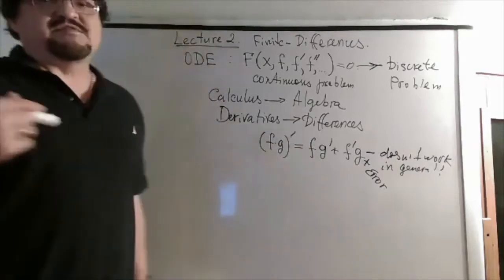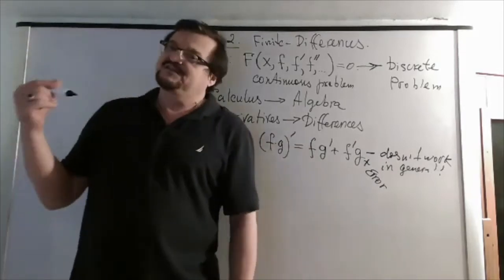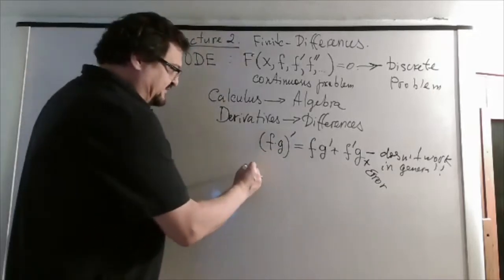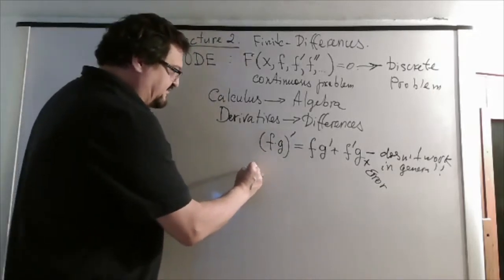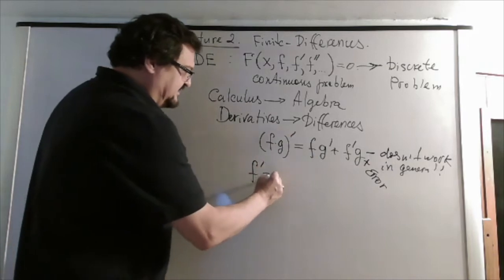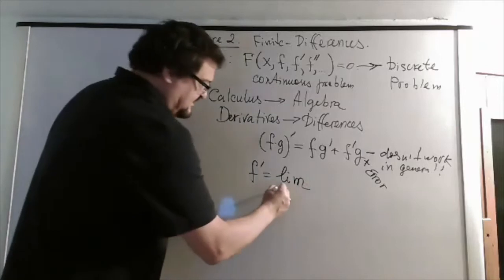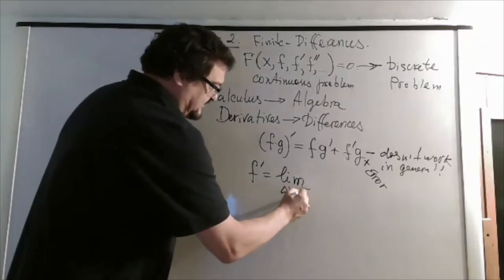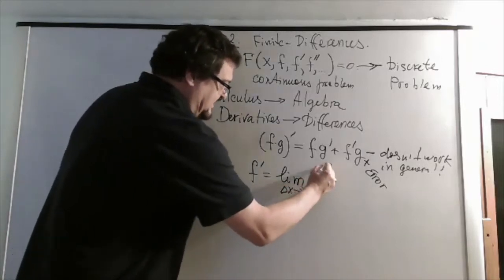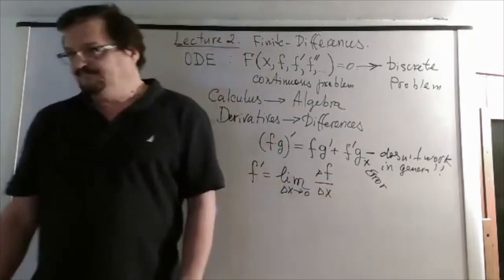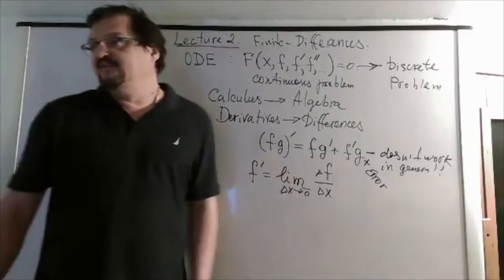Basically, the main reason why calculus does not work on a computer is because in calculus, the derivative of a function is defined as the limit of delta x going to 0 of delta f divided by delta x. Right? This is the definition of a derivative.